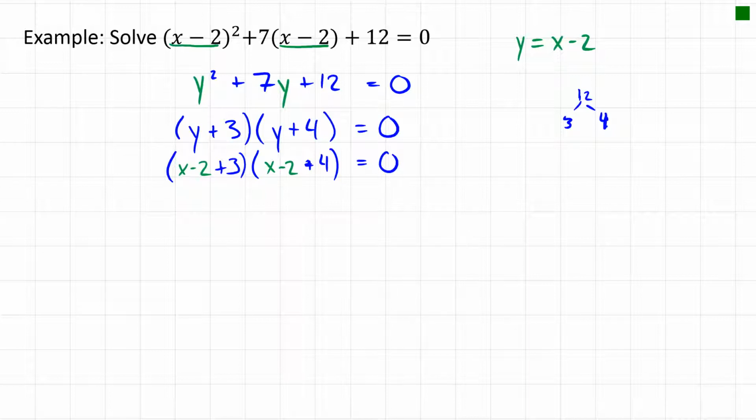So that would be either x minus 2 plus 3 equals 0 or x minus 2 plus 4 equals 0. So that would be x equals negative 1 or x equals negative 2.